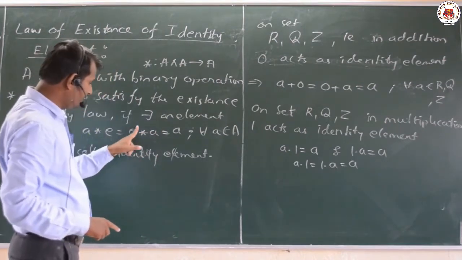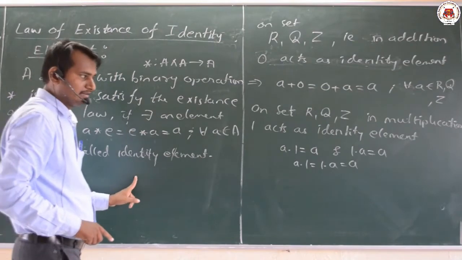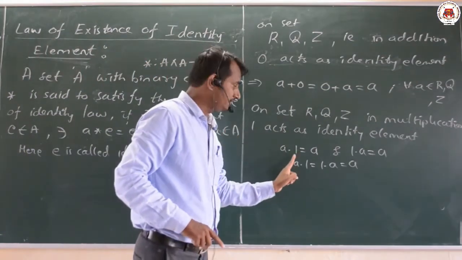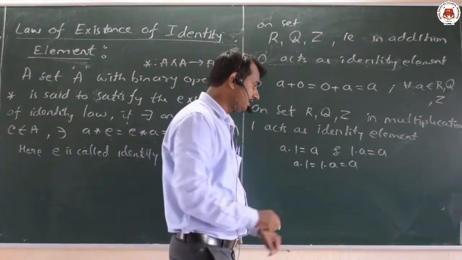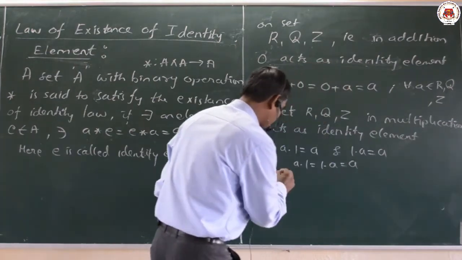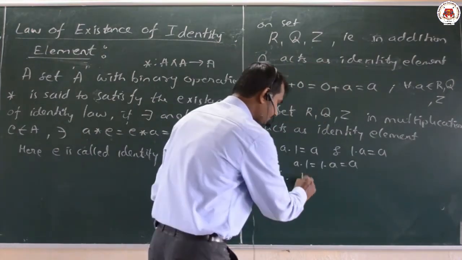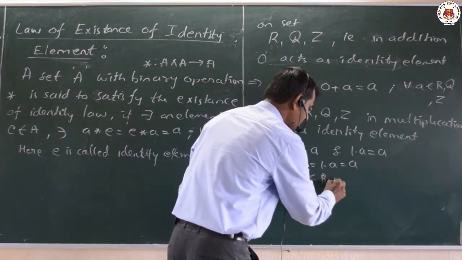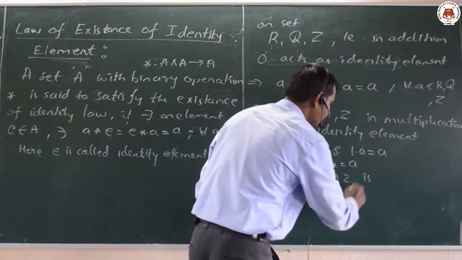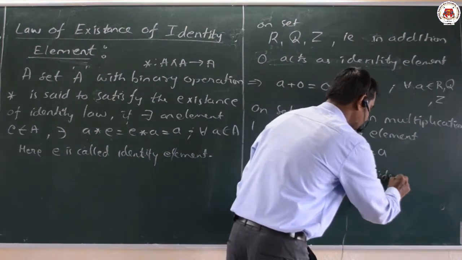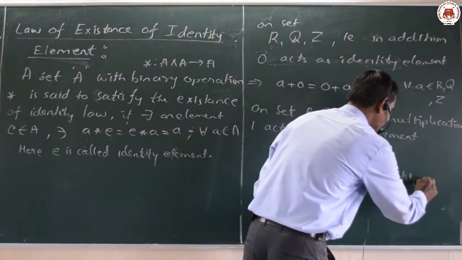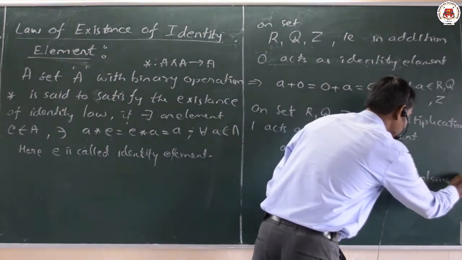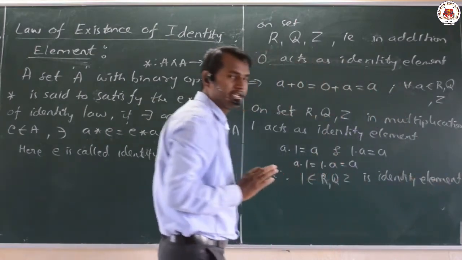So here e is nothing but the identity element. Similarly, according to the definition, 1 belongs to the set R, Q or Z is an identity element. It is a very simple example.